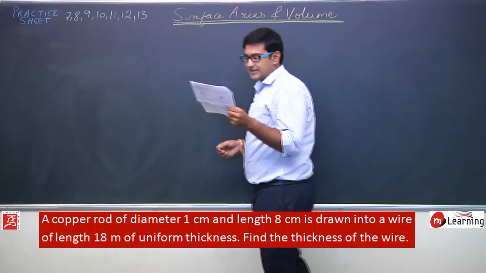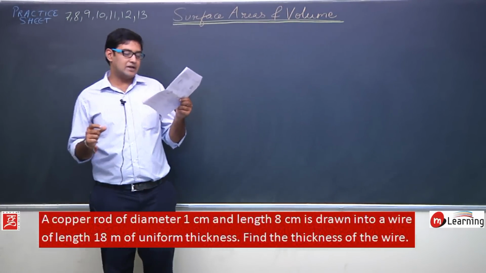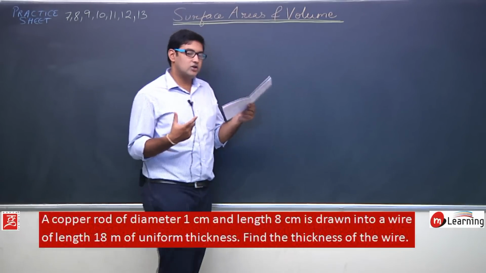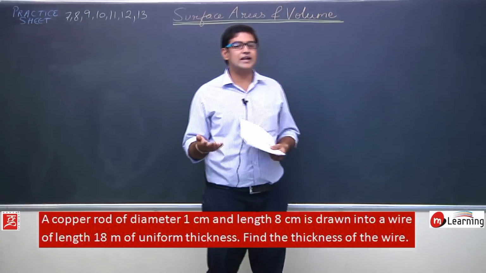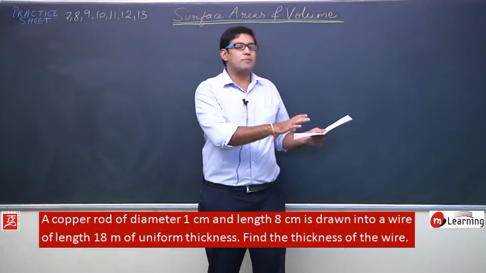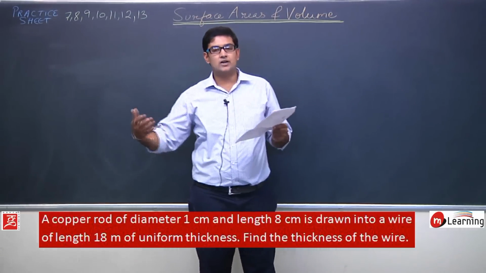Okay. So it says that there is a copper rod which is 1 centimeter in diameter and 8 centimeter in length, drawn into a wire. I have converted that copper rod into a wire. It means whatever copper that rod contains is used to make the wire.